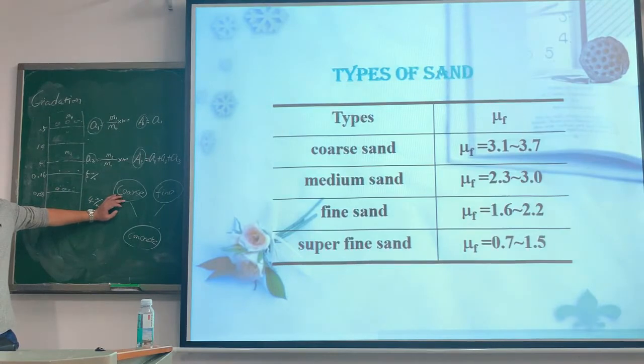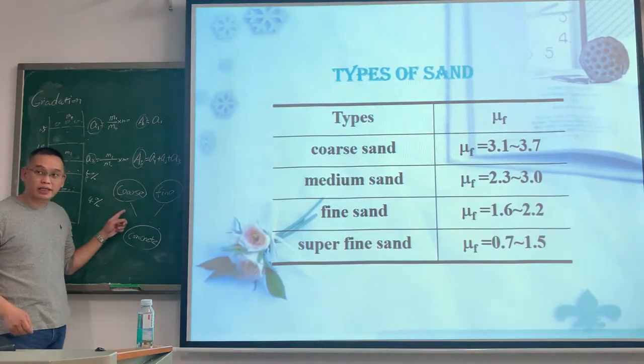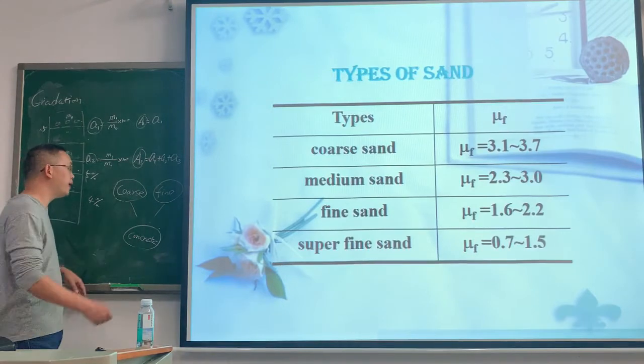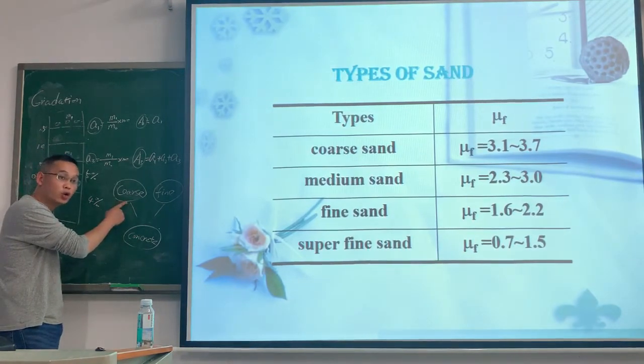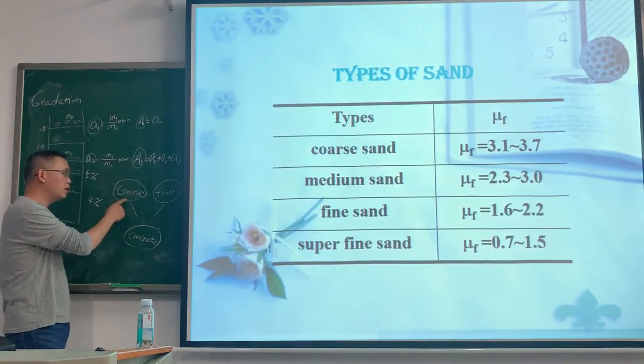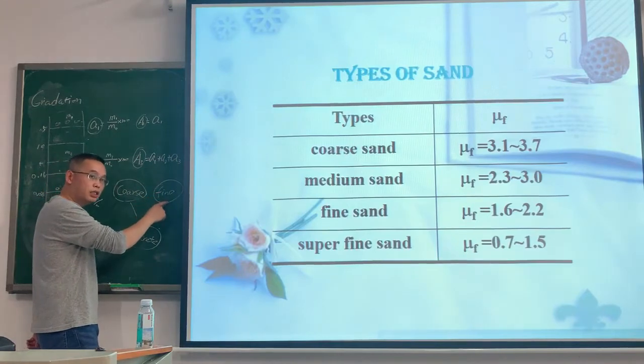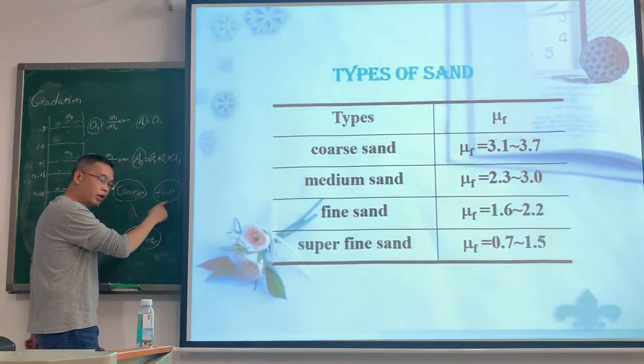What is the influence? If the fineness of the aggregate is big, it means the aggregate is coarse. And if the fineness of the aggregate is small, it means it belongs to the fine aggregate.